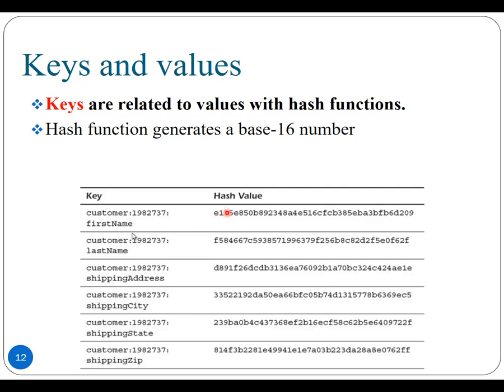Again, for the different attributes of the customer, we have different keys for each customer. For each customer, we have different keys for every attribute. And you see it here: the customer first name, last name, shipping address, shipping city, shipping state, and shipping zip. These are the attributes for the customer. Each of them has a key, and then we give it to the hash function. The hash function gives an address. The address is the place where the value is stored.